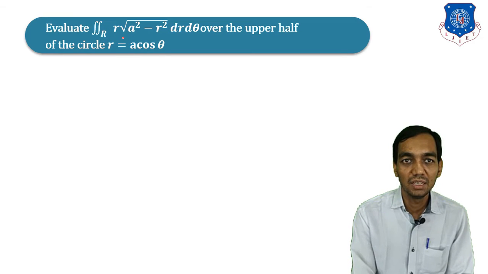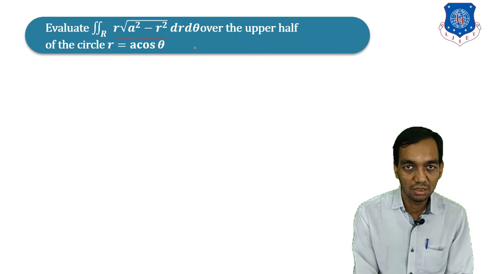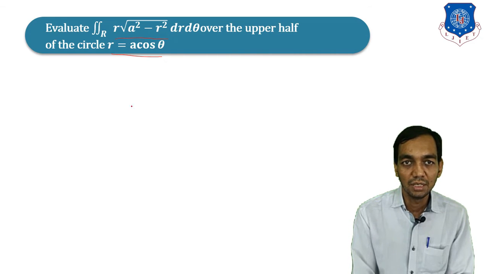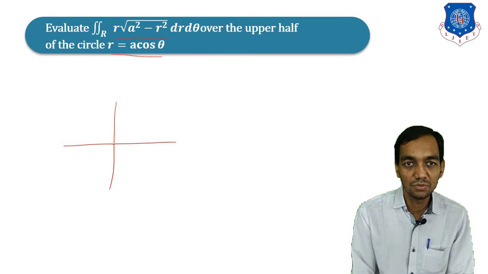Evaluate the double integration r into under root of a square minus r square dr d theta over the upper half circle of r is equal to a cos theta. Now see, here you have been given the circle. r is equal to a cos theta is the circle which we have seen.